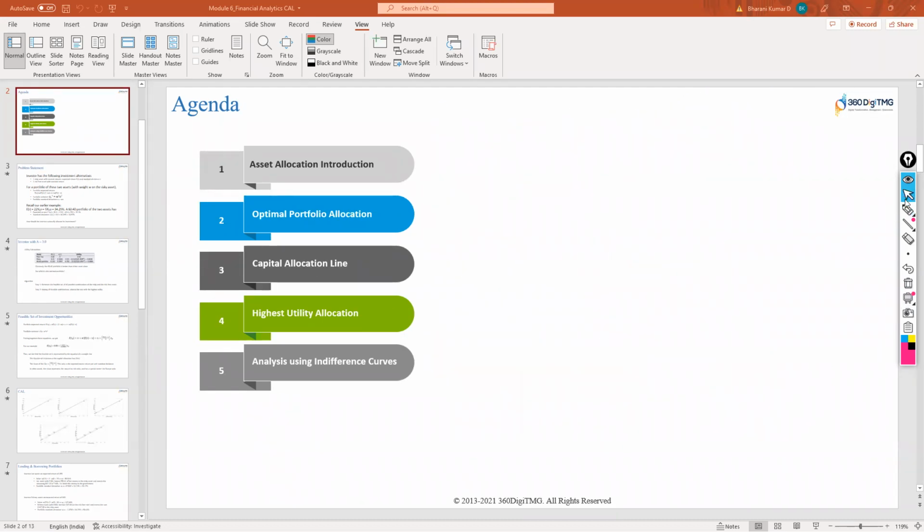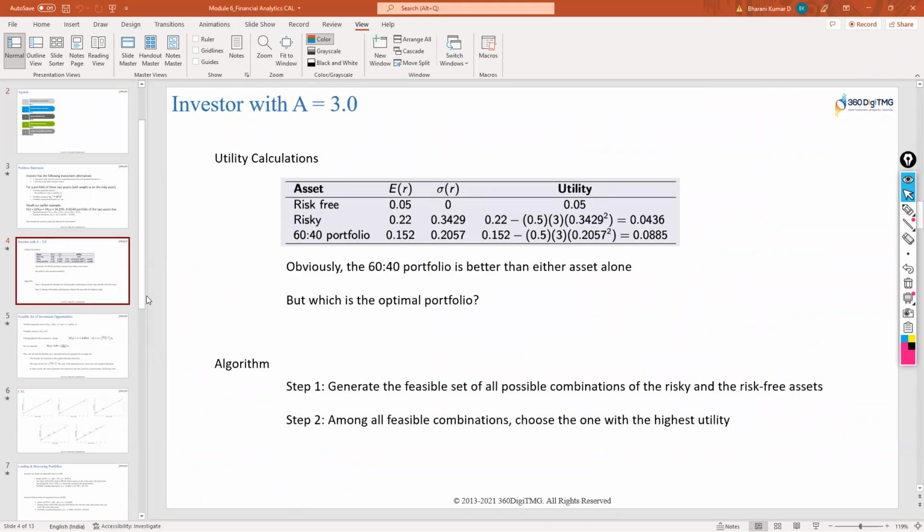For that, we took one case where someone wants to invest in the ratio of 60-40. And we evaluated 3 different scenarios. If I invest completely in risk-free, what is the utility going to be? If we invest completely in risky, what is the utility going to be? If we invest in the ratio of 60-40, what is the utility going to be?